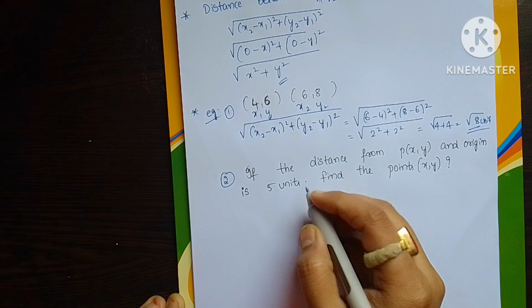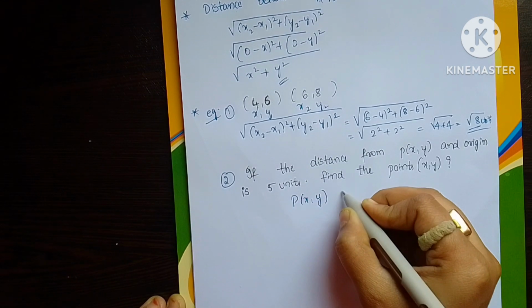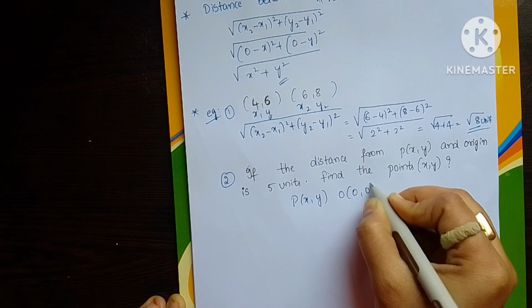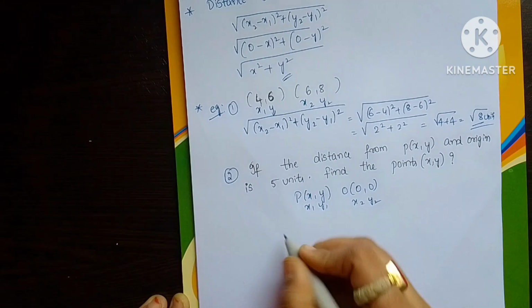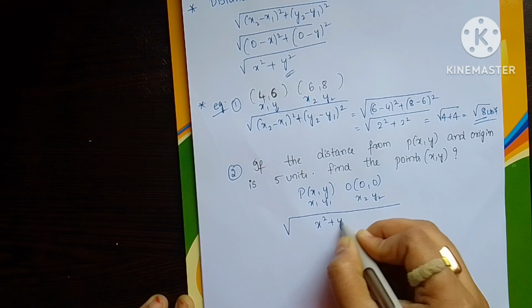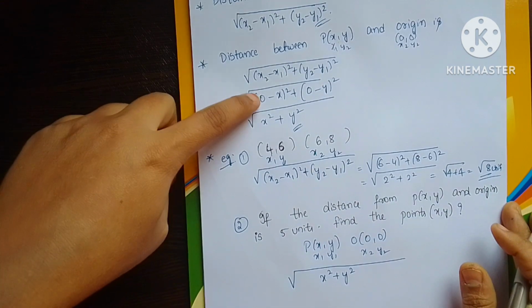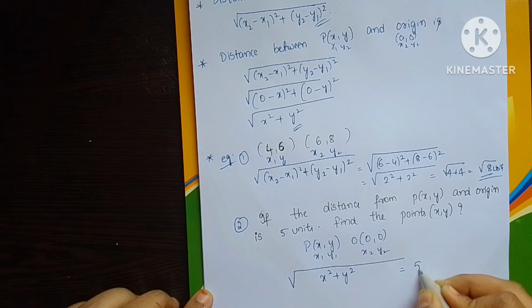So we know the formula: P of (x, y) and the origin O is (0, 0). Let these be x1 and y1, x2 and y2. We know the distance from the origin to any point is square root of x square plus y square. They have given 5 units, so it equals 5.